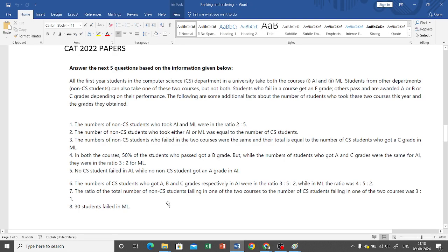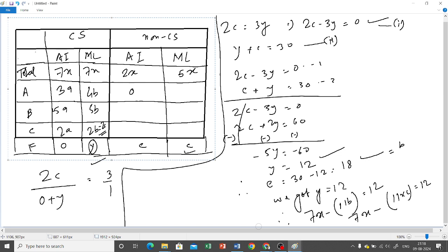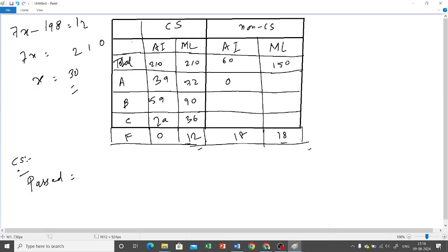In both the courses 50% of the students who passed got B grade. So if I take CS, ML, because both the courses, I have to take the courses separate, AI and ML. So in ML, what is the total number of people who passed? It's 72 plus 90 plus 36.